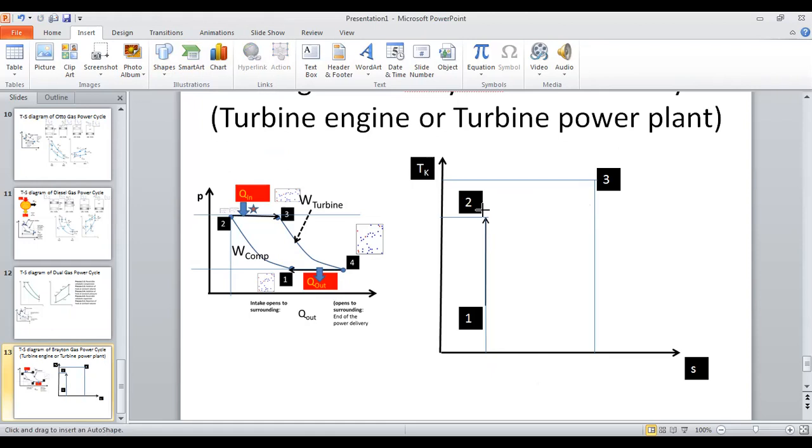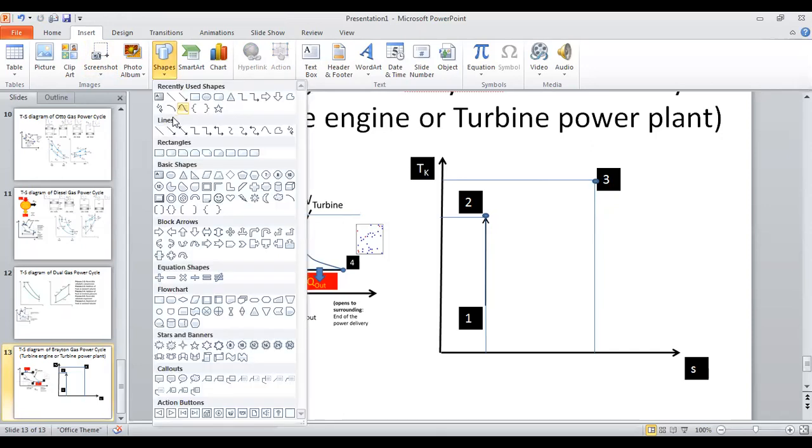That's how it is. Quite interesting. So 2 to 3, of course, pressure remains constant, but the temperature rises. So you can have a little sketch.